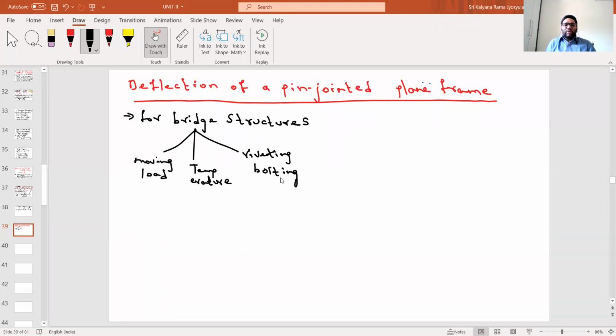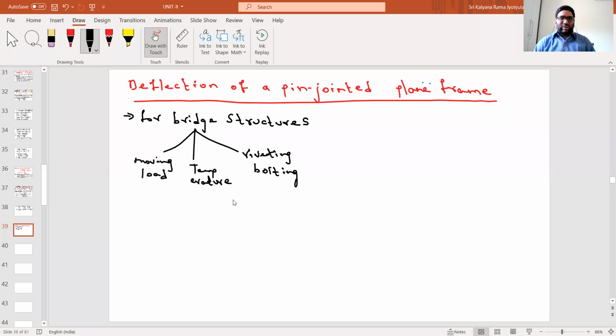A bridge structure will try to deflect when a vehicle is moving from one end to the other, or the truss shaped configuration of a bridge would deflect when there is a temperature variation. Because we connect the members with a small pin joint, which can be a bolt or a rivet, that will also try to deflect under the action of external load or temperature.